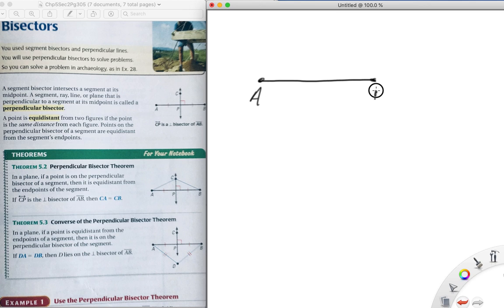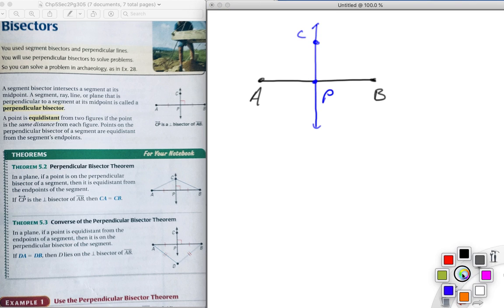So you have AB, and then we have this line, let's call it C, and it intersects AB at P, such that it does two things. It creates perpendicular angles, and it cuts AB in half. So this is a perpendicular bisector, if you recall.